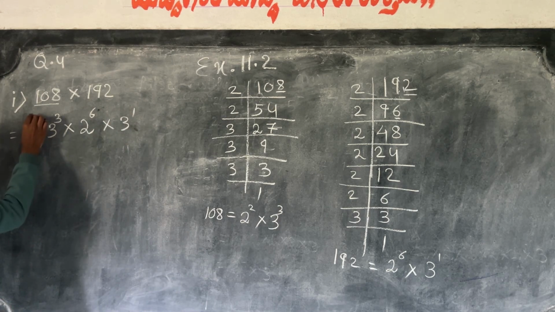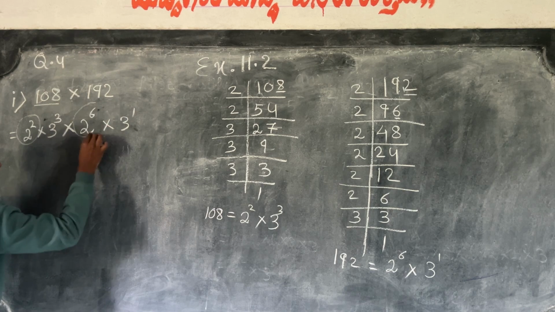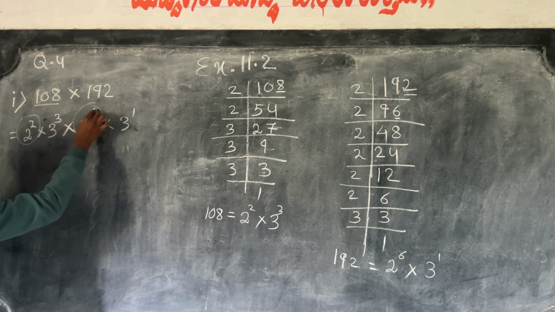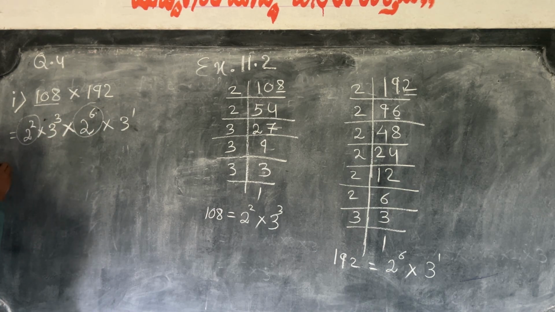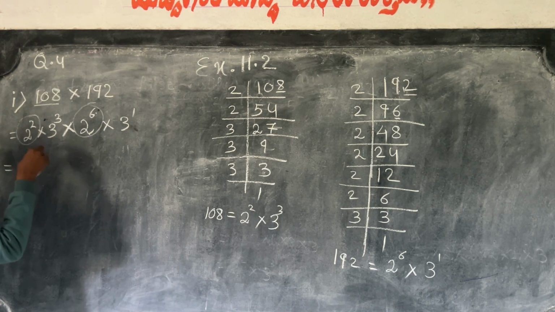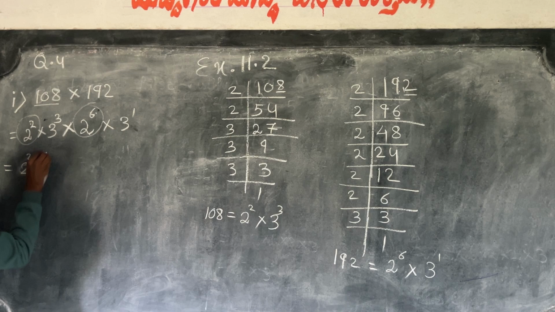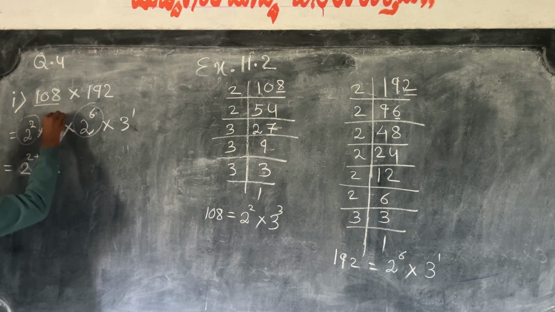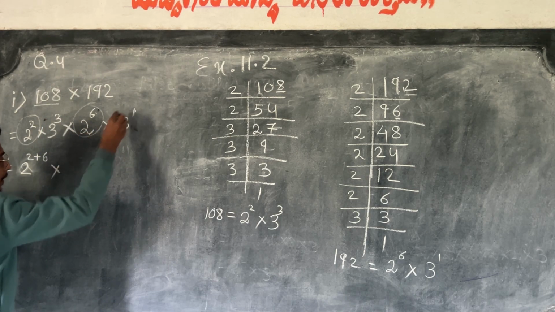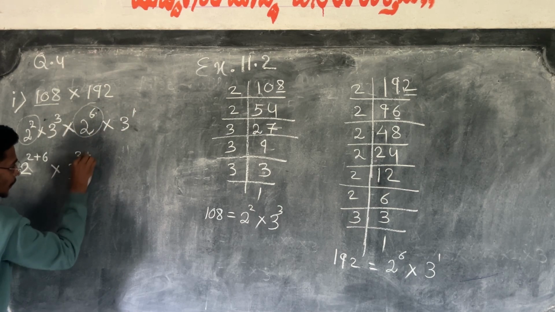Now you can see a to the power m into a to the power n, the base is same, the power is different and both are in multiplication. So write the identity: a to the power m into a to the power n is equal to a to the power m plus n, that is 2 to the power 2 plus 6, into 3 to the power 3 plus 1, that is 4.